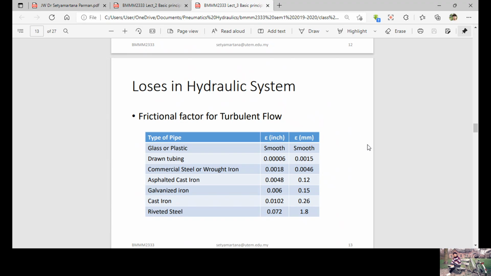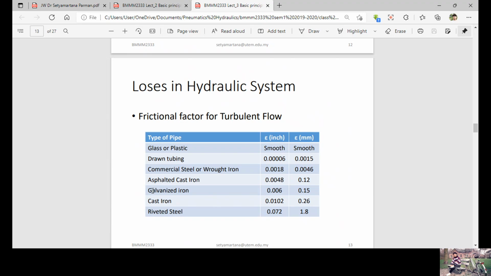In this table, we can see the roughness values for turbulent flow. For example, glass or plastic is very smooth, so the epsilon is usually taken to be 0. And then drawn tubing, the epsilon value is equal to 0.0015 in millimeters or 0.0006 in inches.